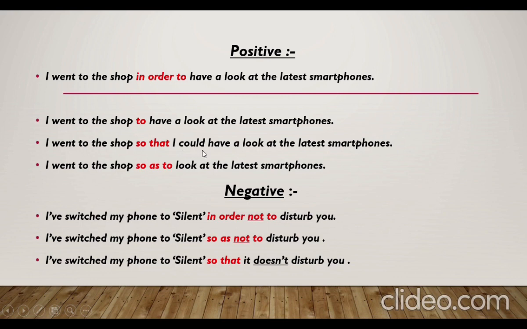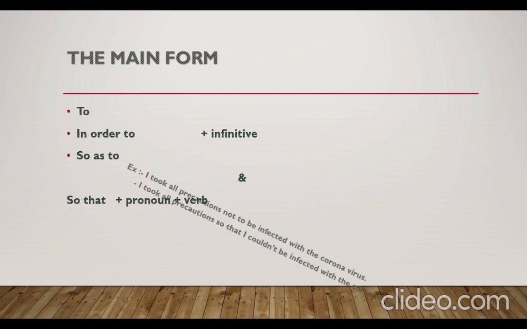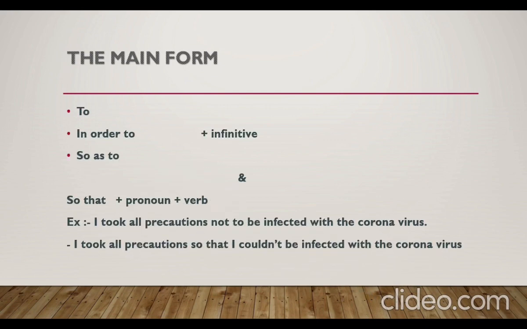So we can extract from these sentences the main form of the structure. The main form is that after to, in order to, so as to, we use the infinitive, which means the origin of the verb or the verb without any additions. Okay? And after so that, we use a pronoun plus verb.